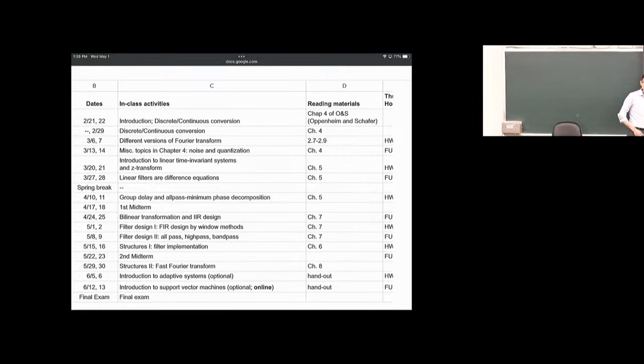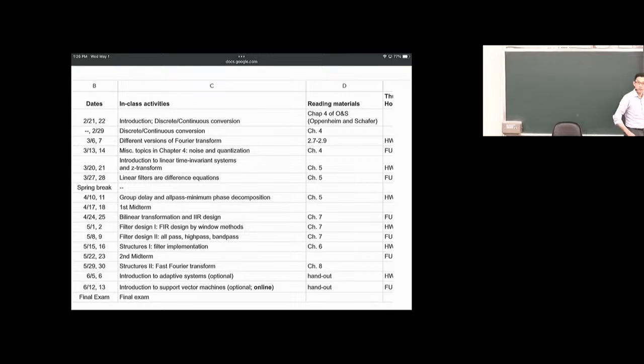The second midterm will be from where we were left off. I think the first midterm covered this material, so the second midterm will be from April 10th to this week.